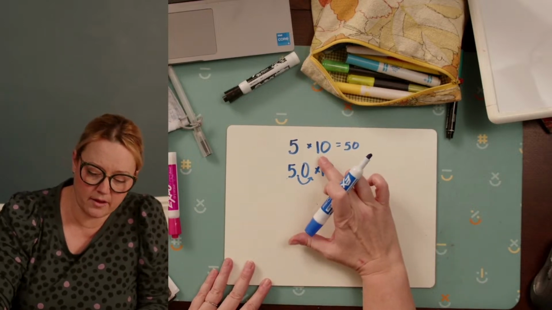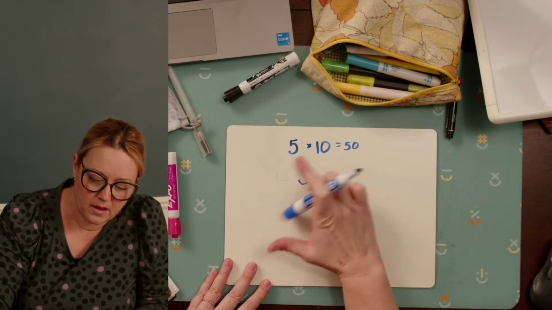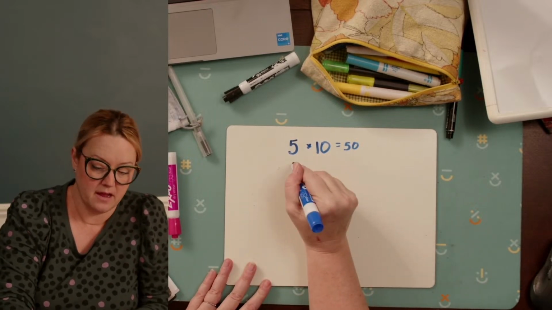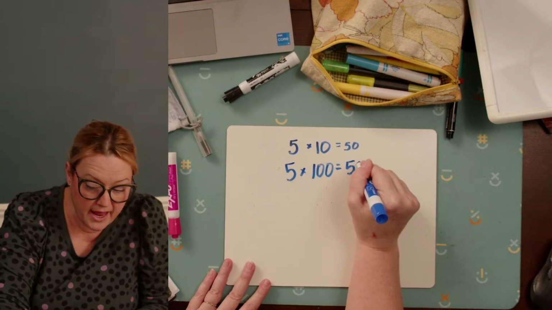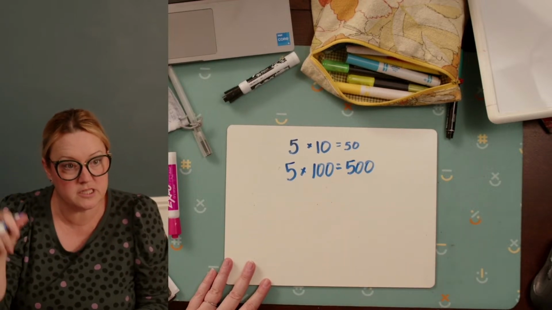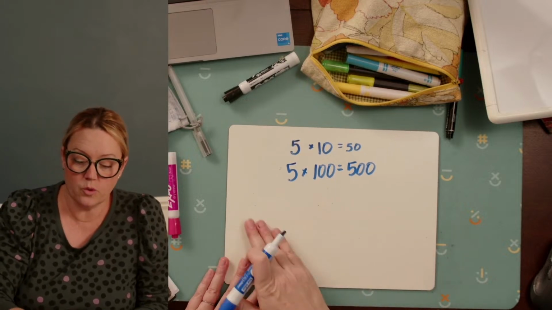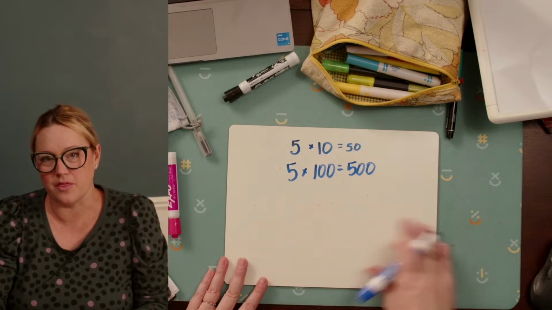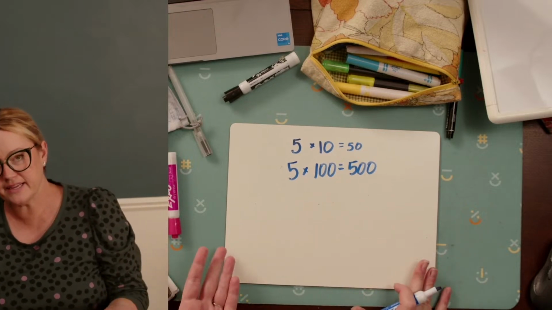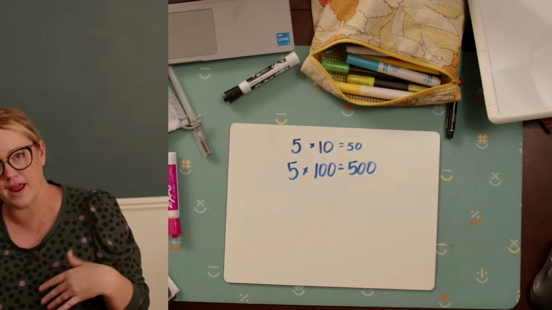So 5 times 10 is 50. 5 times 100 is 500, right? And again, it's just like moving the decimal. So we can use this for really, really big numbers. Writing out 100, 1,000, 10,000 gets old, because I don't want to write all those zeros.